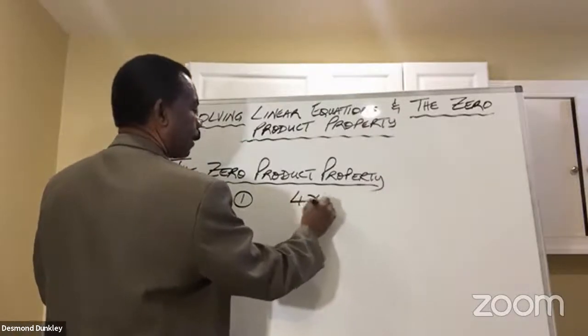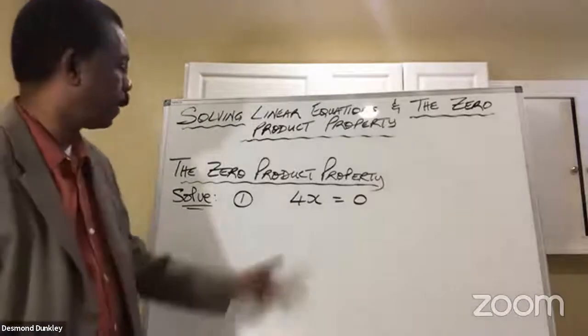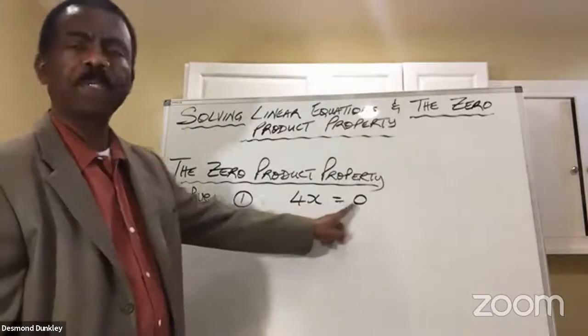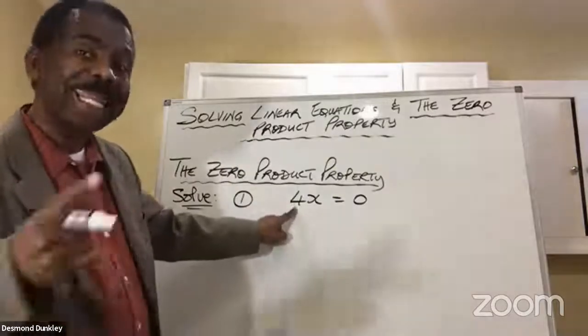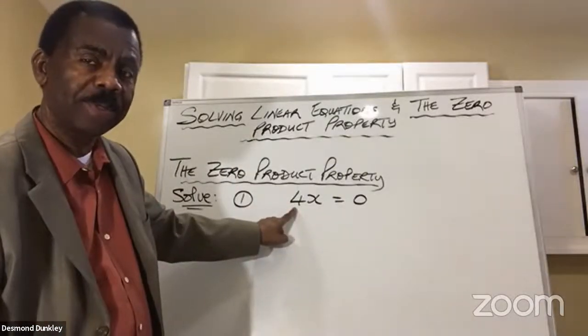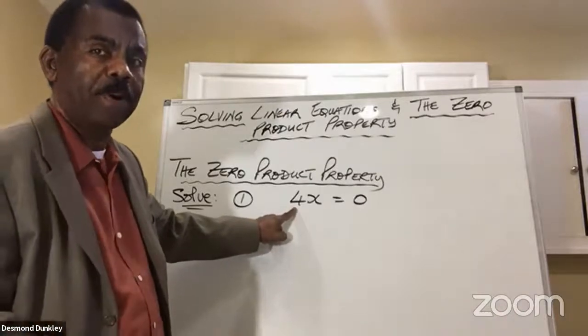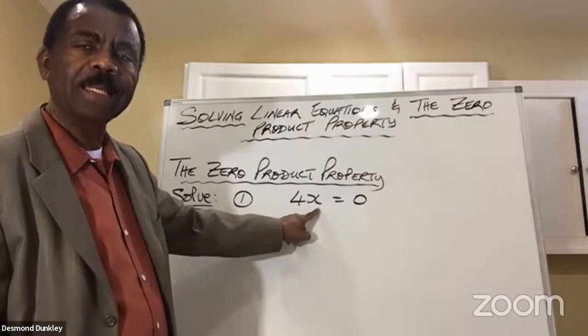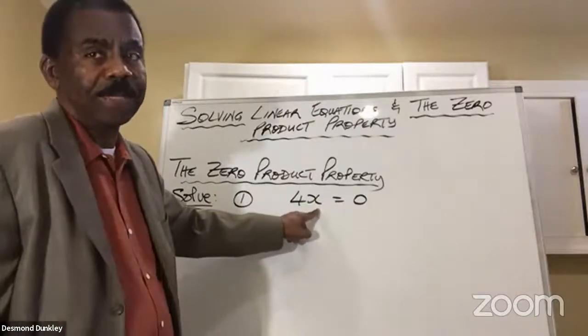4x equal to 0. Look at this. 4 times x is 0. Think about it. 4 cannot be 0 because 4 is a number that's not 0. 4 is 4. So therefore, x has to be 0. That's all. X is 0.